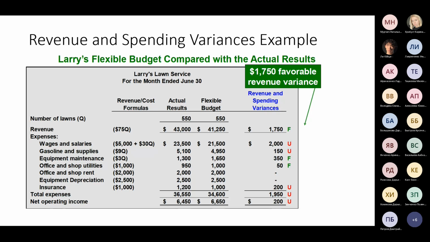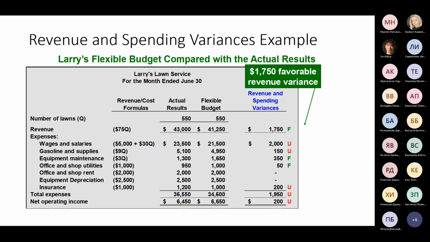Larry spent less on equipment maintenance, and that's a good outcome because he achieved some economy of equipment maintenance cost. And finally, the net operating income difference is unfavorable because the flexible budget net operating income is bigger than his actual net operating income. And that's why it's unfavorable.